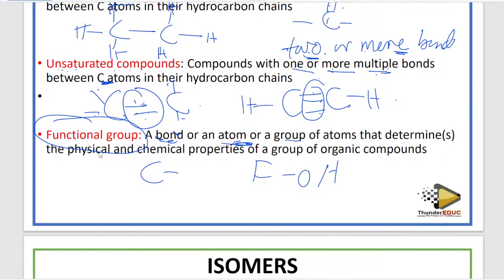That determines the physical and chemical properties of that organic compound, that homologous series. So we call it a functional group. Actually, it's a group. I'm just explaining in layman's language: it's a group which makes that molecule react the way it reacts.